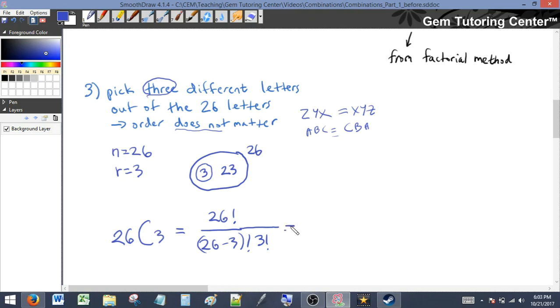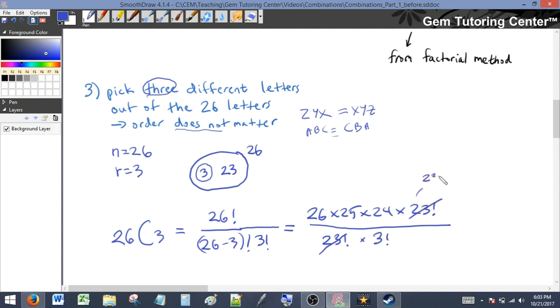Let's expand this out. That's going to be 26 times 25 times 24 times 23 factorial, divided by 23 factorial times 3 factorial. So these are going to cancel out. Remember, this is 23 times 22 all the way down to 1.